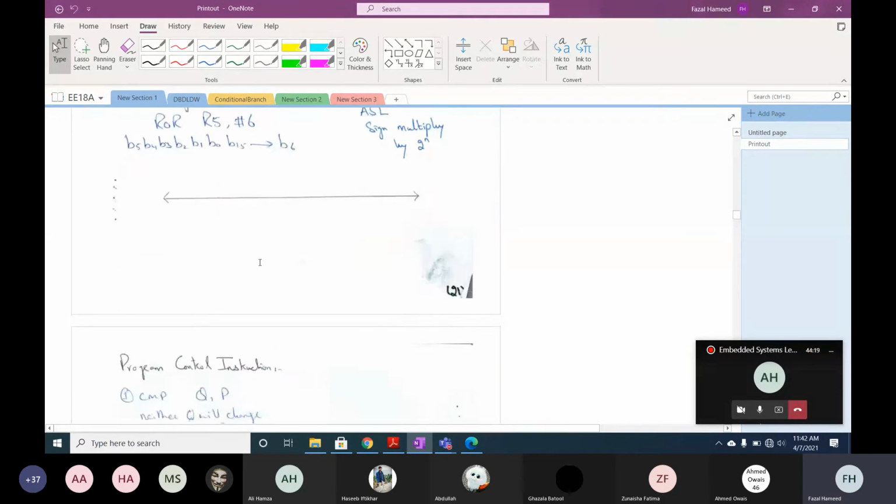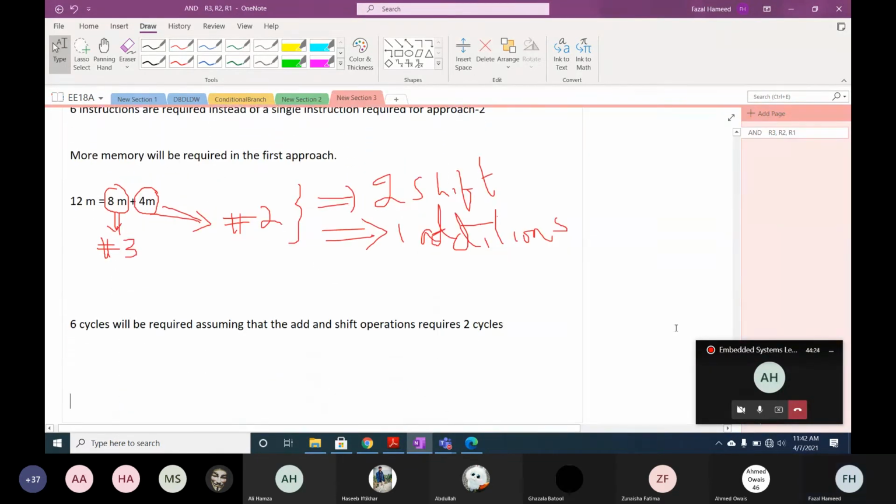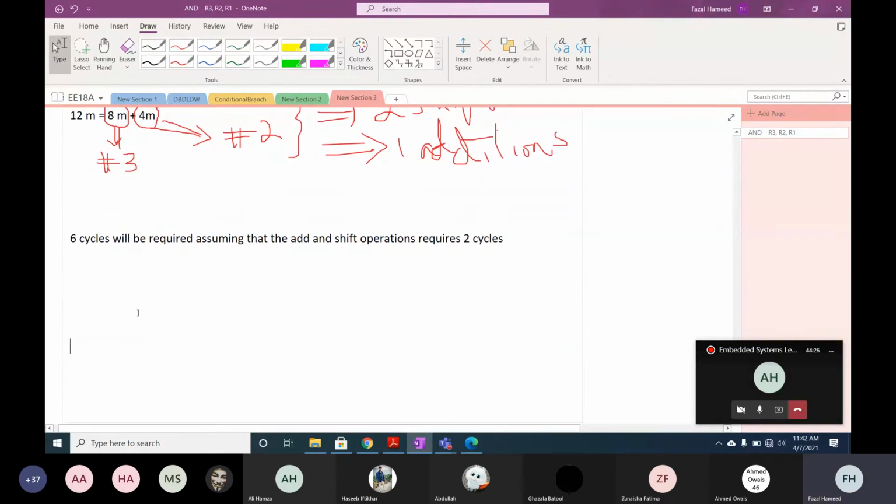Let's take a simple example. Assume we have the instruction rotate left R5, 6.